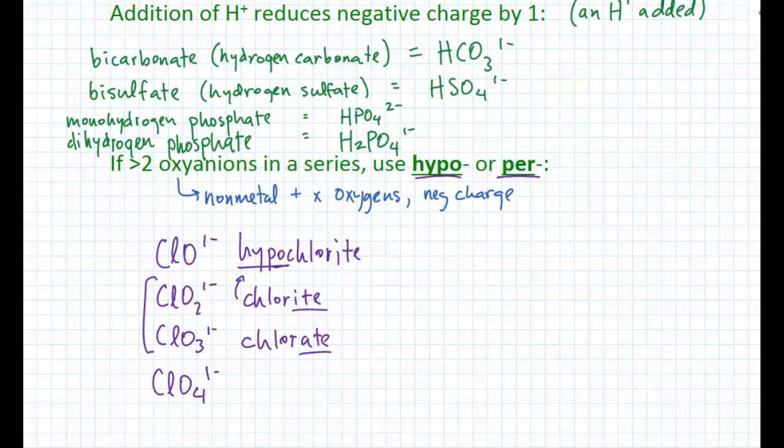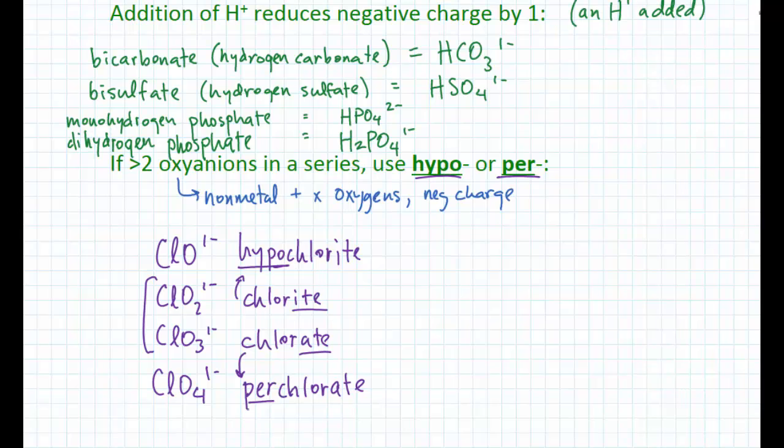Hypochlorite. So then, what would ClO4 with 1 minus be called? Perchlorate. So chlorite became hypochlorite. Chlorate became perchlorate, going one beyond that.